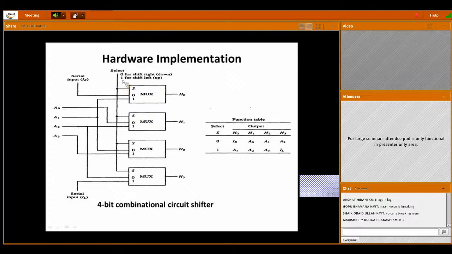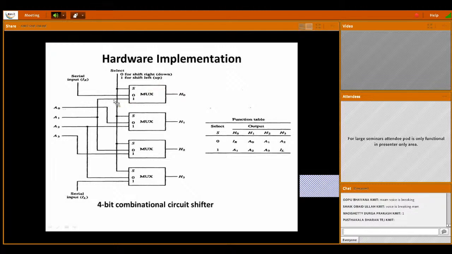S value can be either 0 or 1. So if the value of S is 0, this circuit will perform a shift right operation. If the value of S is 1, this circuit will perform a shift left operation. Right?